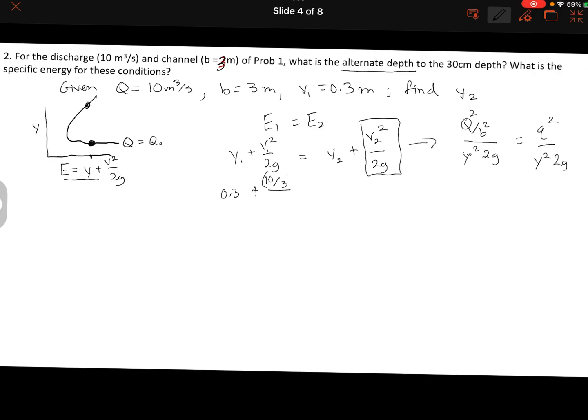And this whole thing is going to be squared, divided by 0.3 squared times 2g. And that's going to be equal to our y2 plus our little q over y2 squared times 2 times 9.81.